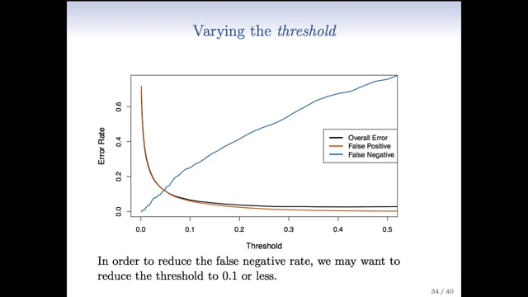Okay. And so here we've done it as a function of the threshold, and we've just looked at decreasing thresholds. Okay. And so in this plot, we've got in black the overall error rate. In orange, we've got the false positive rate, and in blue, we've got the false negative rate. And so as we decrease the threshold, the false positive rate increases, because now we're going to classify more and more negatives as positive.